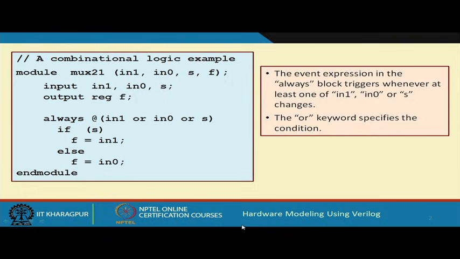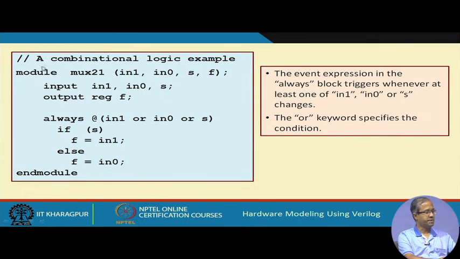Okay. So, we start with an example of a simple 2 to 1 multiplexer. We have seen earlier that we had created the multiplexer design using various behavioral and also structural techniques. We used the instantiation of gates to create a multiplexer description. We used the assign statements to define the behavior of a multiplexer.